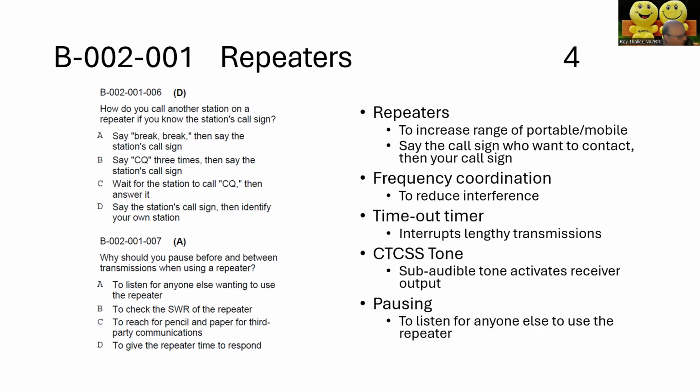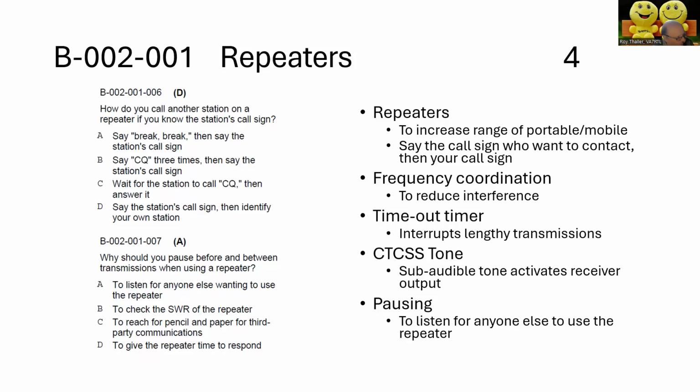Why should you pause before and between transmissions when using the repeater? So to listen for anyone else wanting to use the repeater. Remember, there could be several people using the repeater at the same time, and you want to make sure that you don't interrupt someone else when they're talking.